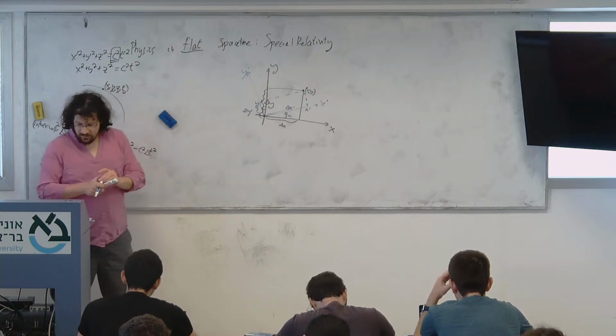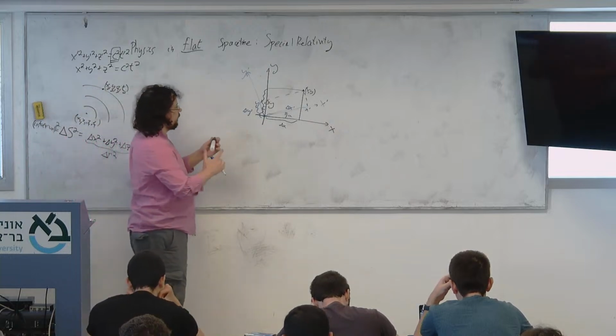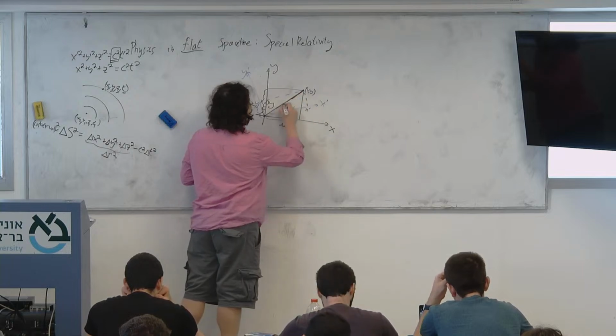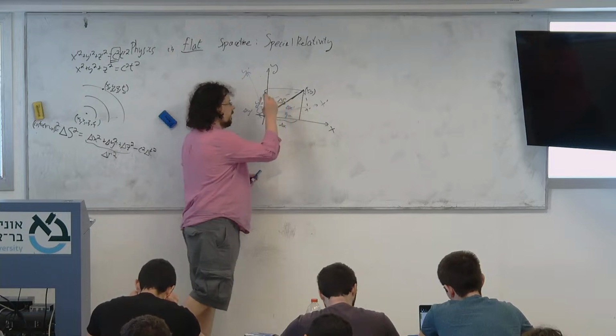So no coordinate is conserved, but of course the distance, which is the length of this vector, delta s, is conserved.